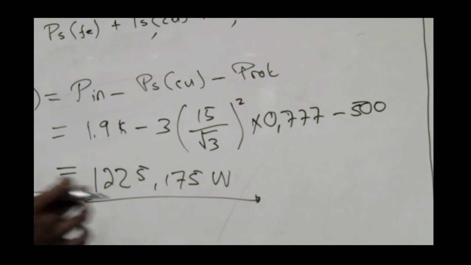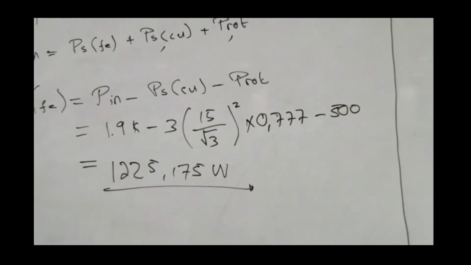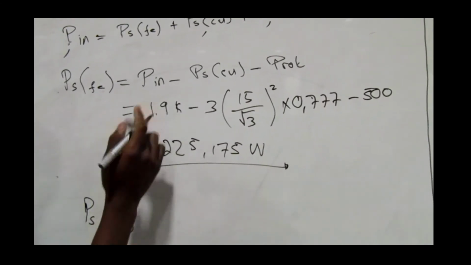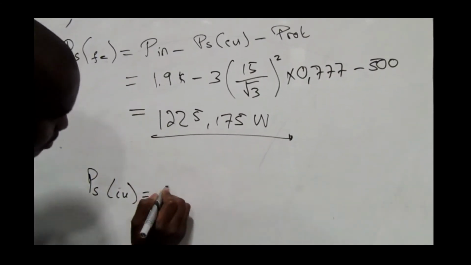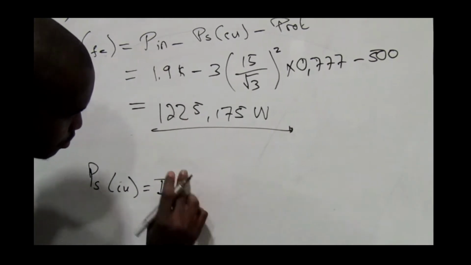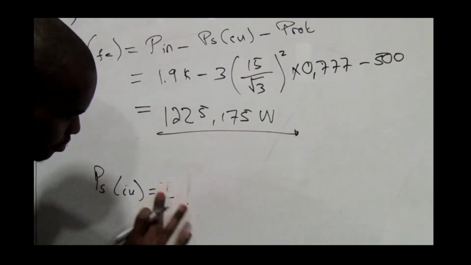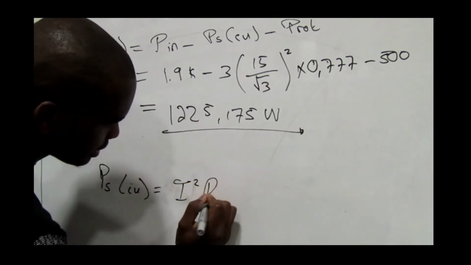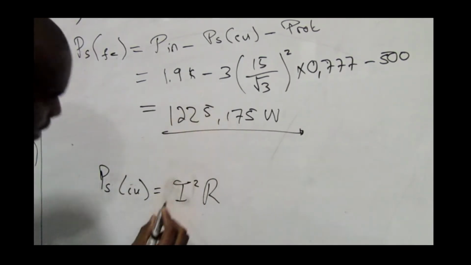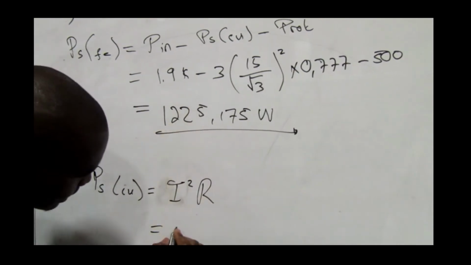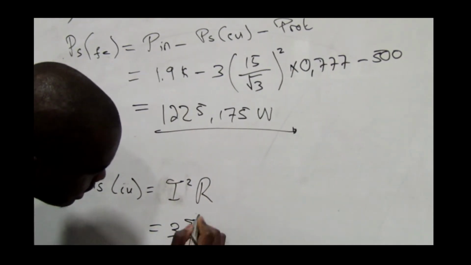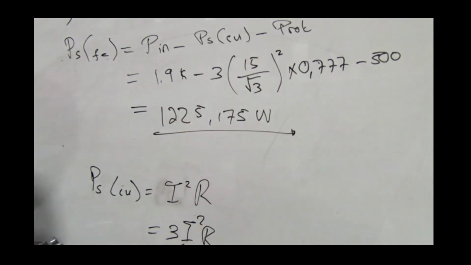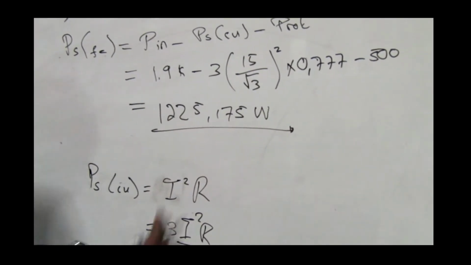So now guys, here I just substituted, assuming that you still remember that PSCU, the copper losses of a stator, are given by I squared R. But at this instant, because it's a delta, it is 3I squared. As you can see, we divided by root 3 right there.